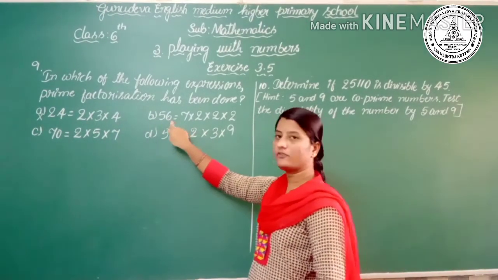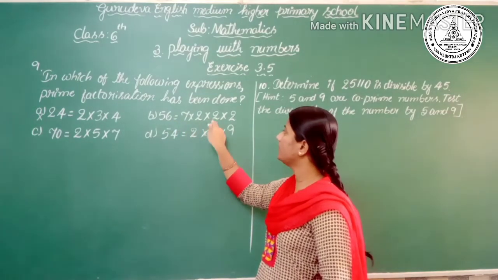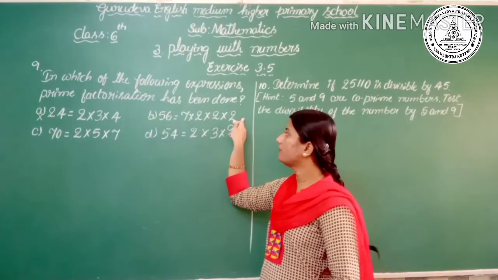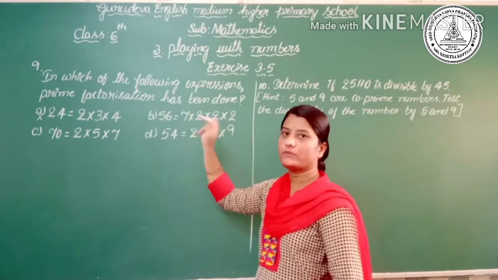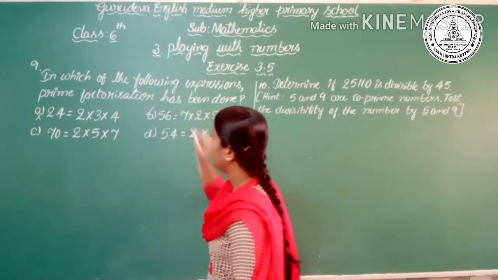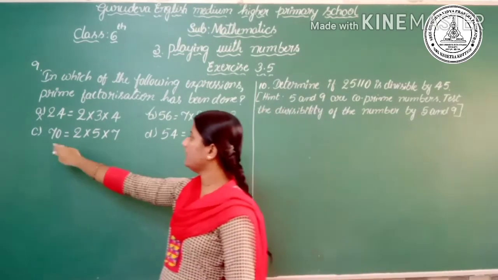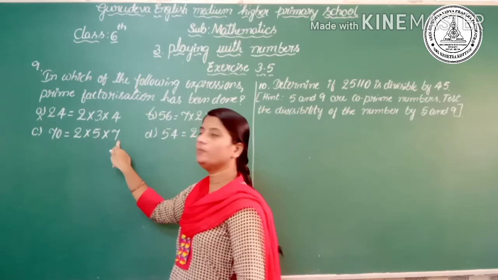Okay, then let's see B. B is 56, which equals 7 into 2 into 2 into 2. Yes, the product of these prime factors equals 56. Hence it is prime factorized. Similarly, we can observe the same in C, 70, which equals 2 into 5 into 7.